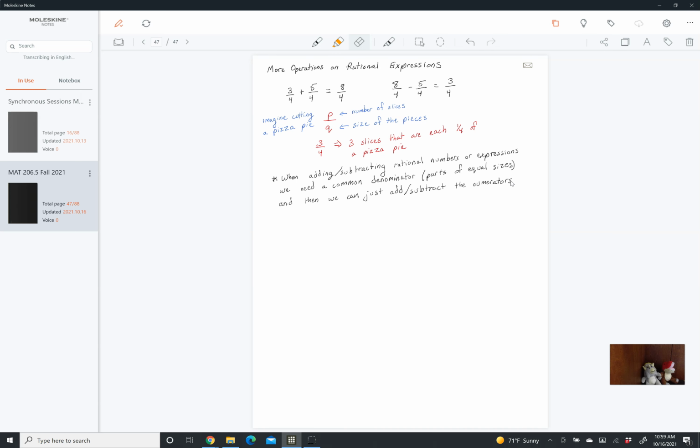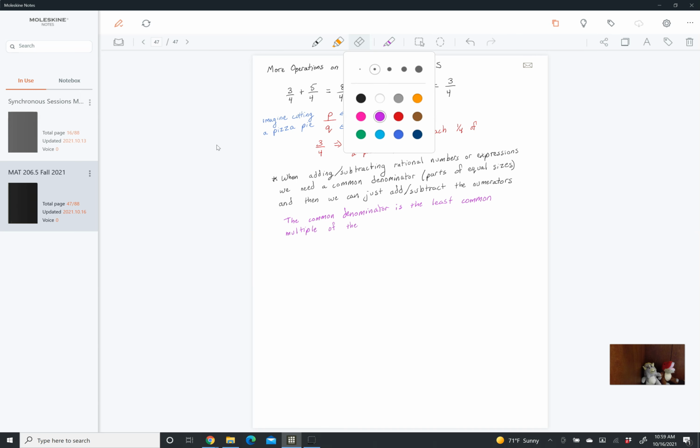So the common denominator is the least common multiple of the denominators.